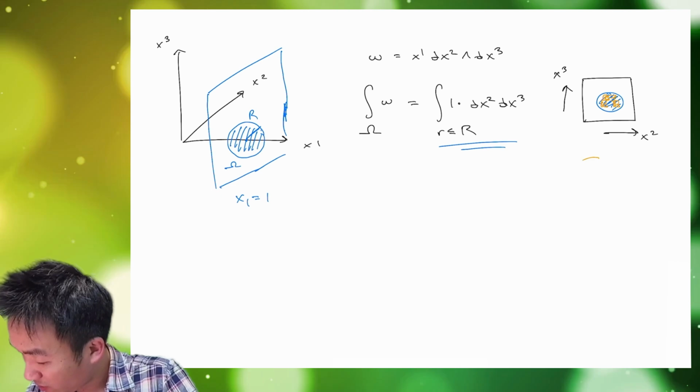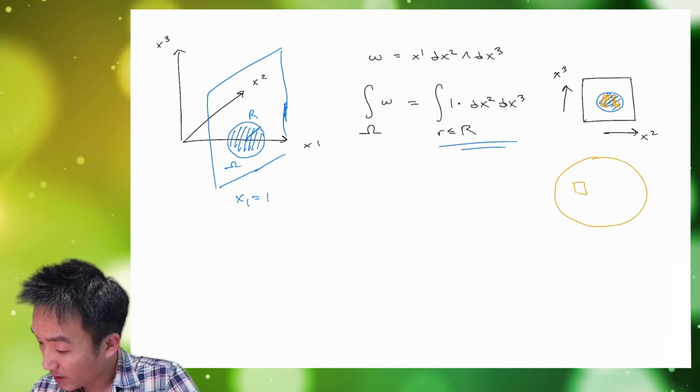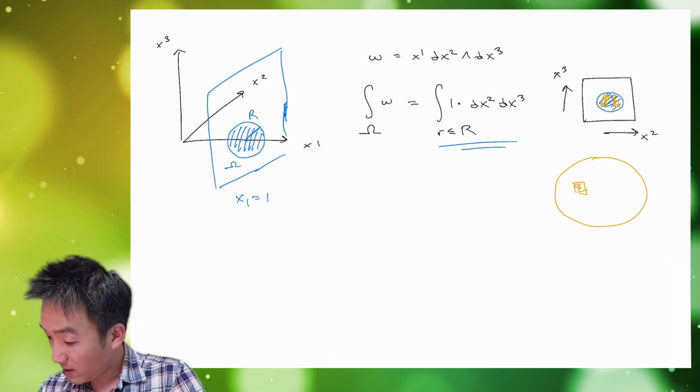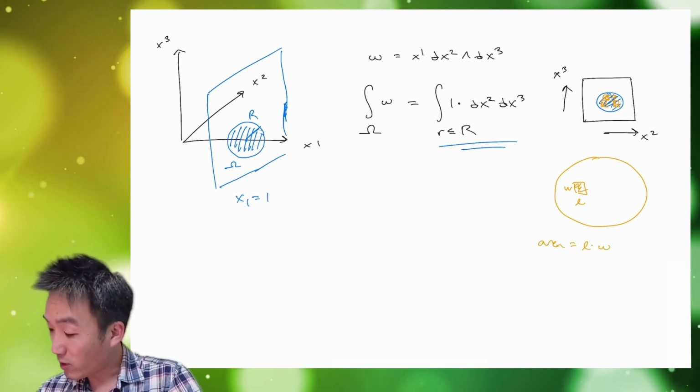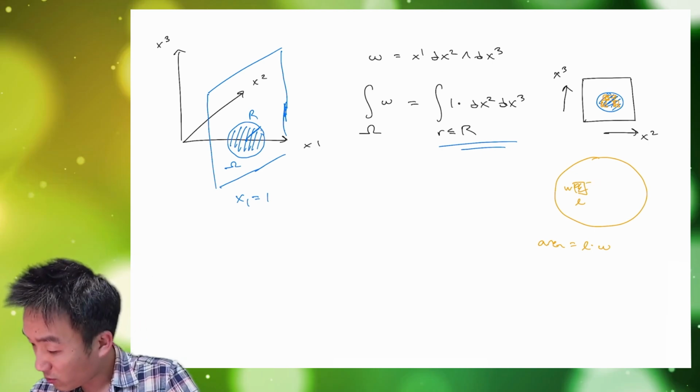So, sorry, let me draw this bigger. So if I have some region, I know how to compute integrals of rectangles, right? Because the area of a rectangle is just length times width. The problem with the irregular shape like the disk is I don't know how to add up the areas of all these rectangles straightforwardly, right? Because they have to become smaller and smaller as I get to the boundary.